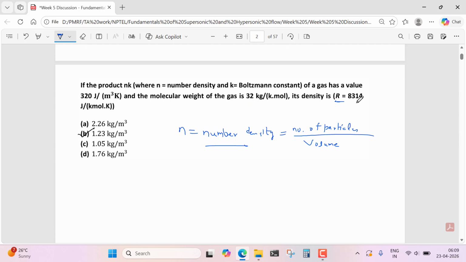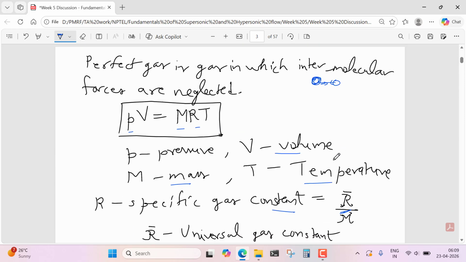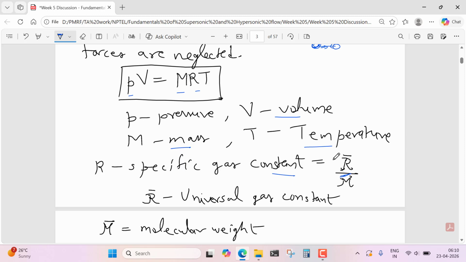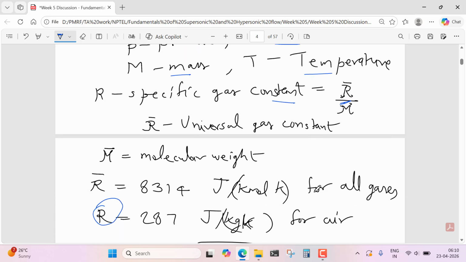In the problem also this is R bar, which we are using because it is very confusing which will be R and which will be R bar. And what is M bar? M bar is the molecular weight. For this case also the molecular weight is 32.